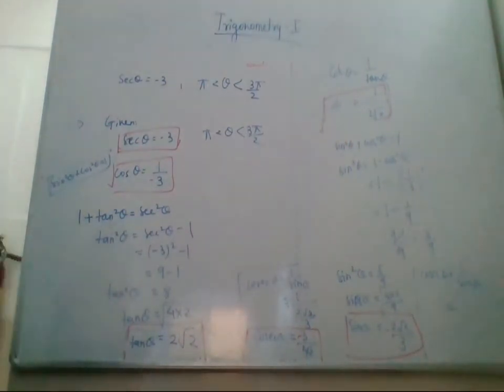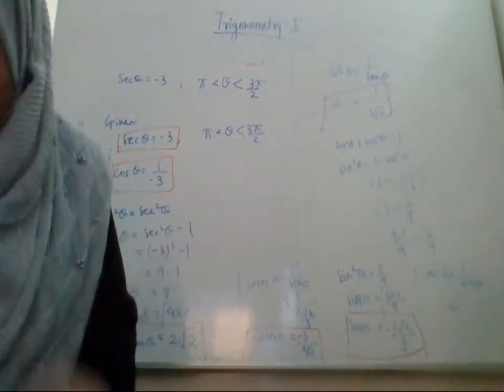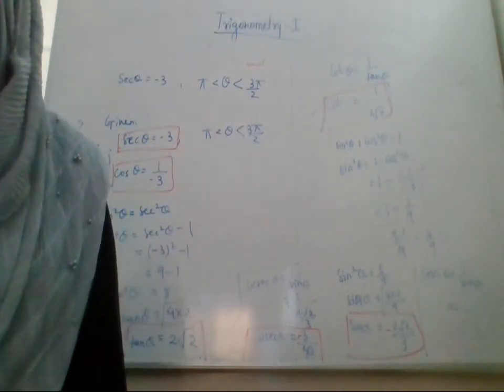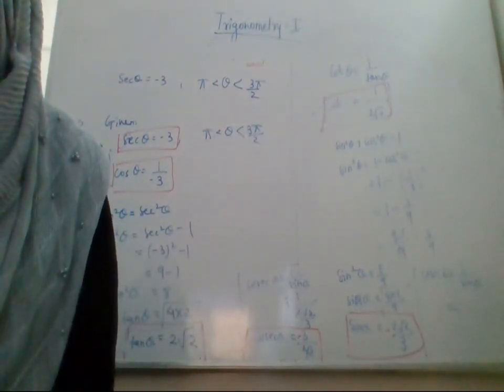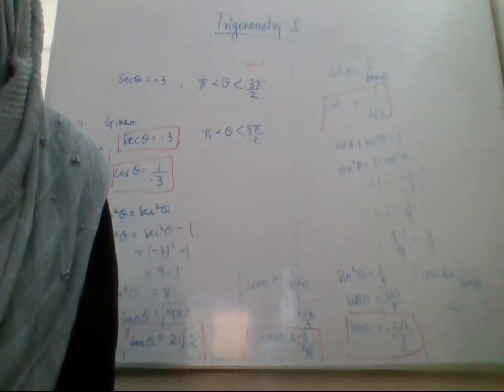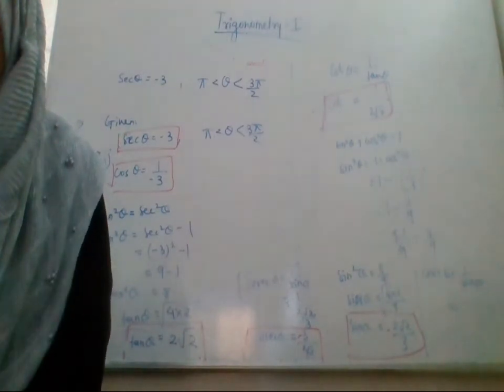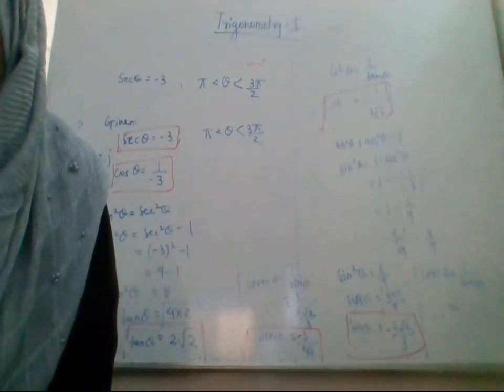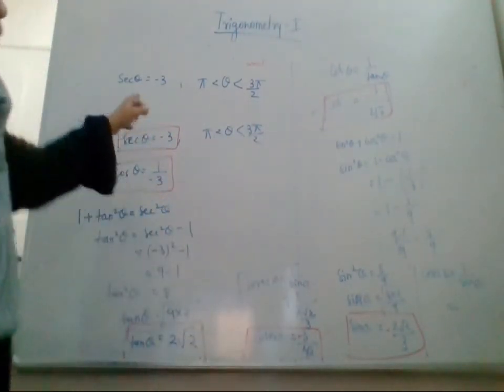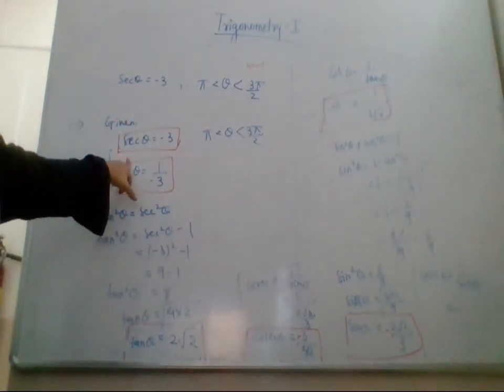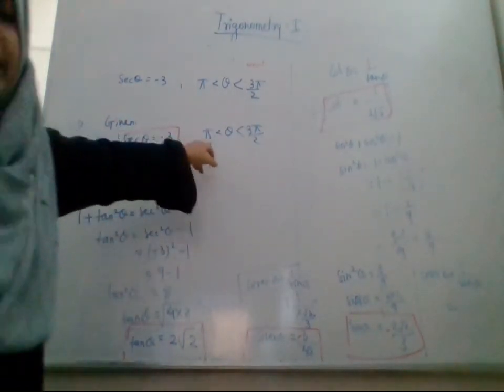Now the next problem is, see, in exercise 2.1, question number 9, similar type of problems are given to you. The value of one trigonometric function is given to you and the range for theta is given to you.